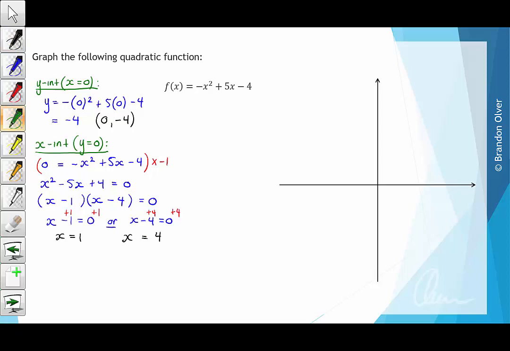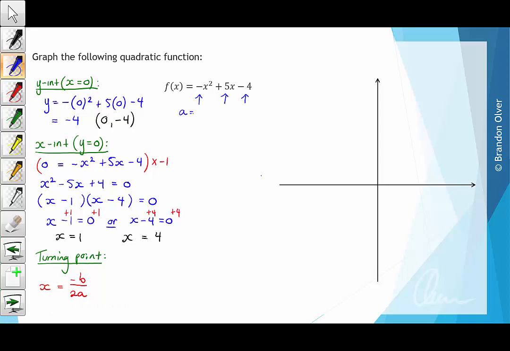The final thing we need to do is find the turning point for the quadratic, and we can do this by either completing the square or using the axis of symmetry. So in this video we're going to use the axis of symmetry, which says that x is equal to minus b divided by 2a, where we can get the values of a, b, and c from the equation above.